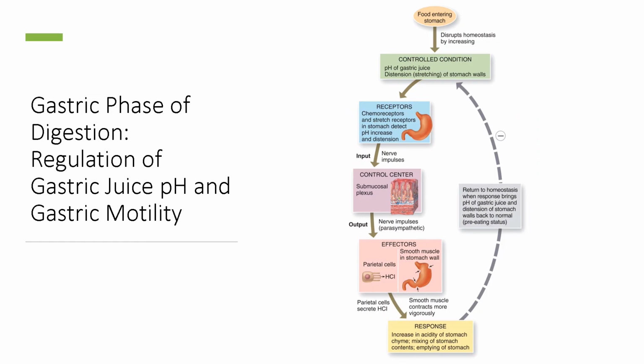So here we have a negative feedback diagram that shows the regulation of pH of gastric juice as well as gastric motility during the gastric phase of digestion. So if we have an increase in the pH of the gastric juice, or also distension of the stomach walls, this is detected by chemoreceptors and stretch receptors in the stomach, and it is sent to the control center, which is in the submucosal plexus.